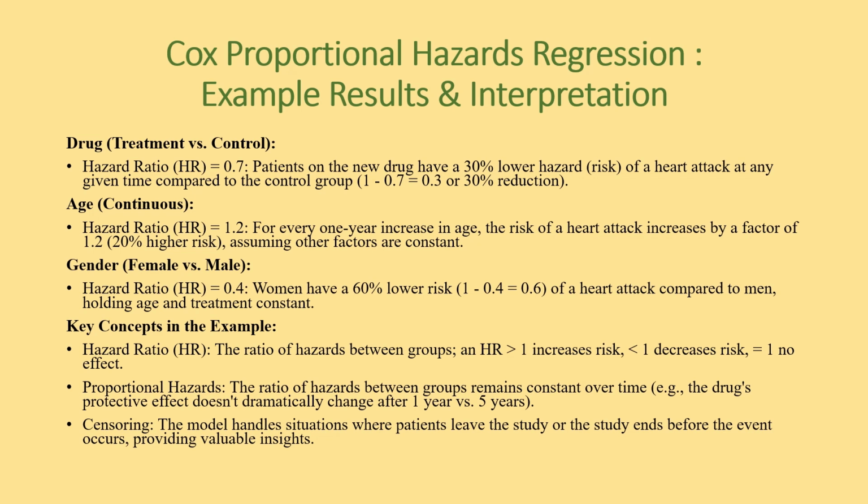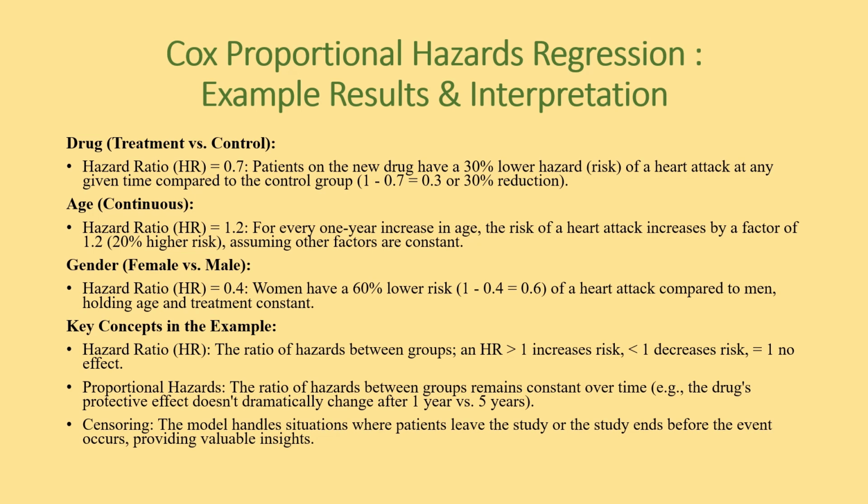For every 1 year increase in age, the risk of heart attack increases by a factor of 1.2, assuming other factors are constant. Gender: hazard ratio equals 0.4. Women have a 60% lower risk of a heart attack compared to men, holding age and treatment constant.